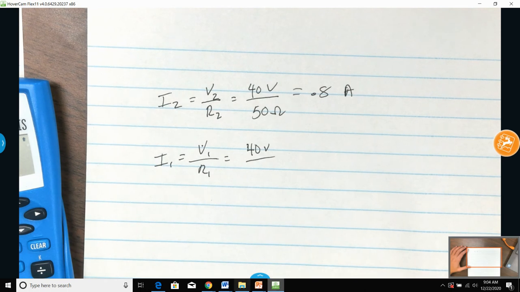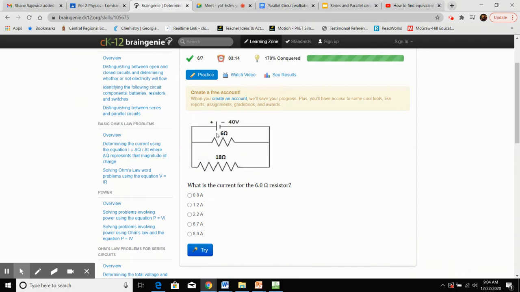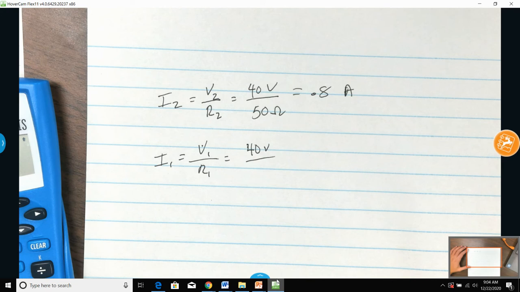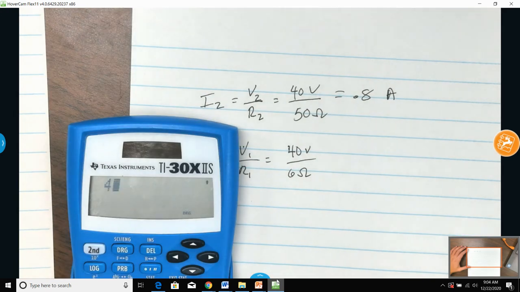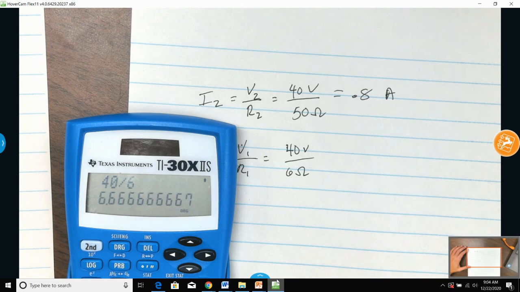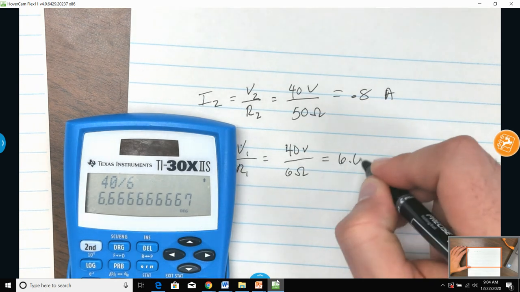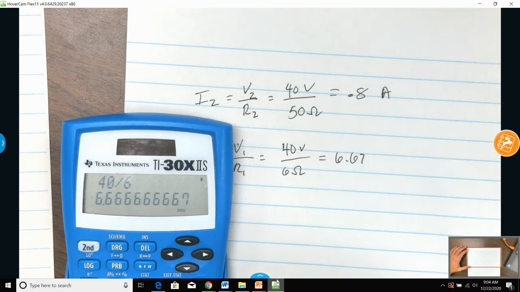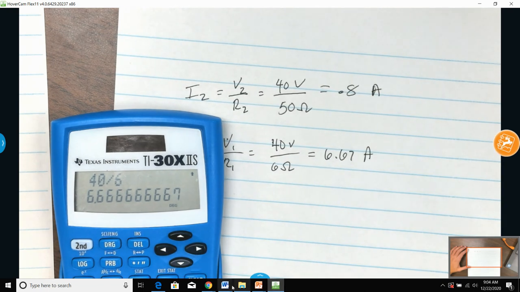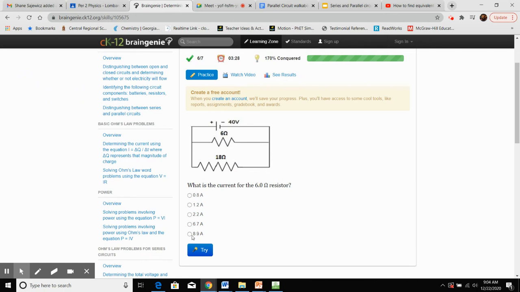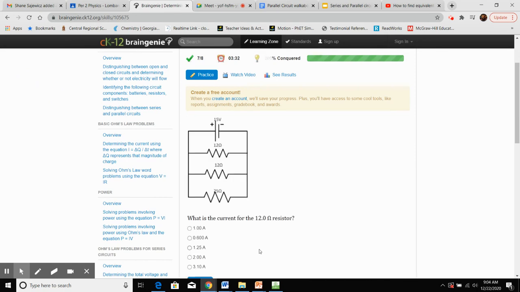And the resistor value was 6. So 6.6 repeating, or 6.67 amps. Let's see where that answer is, and we're going to do that. Bingo, bango, bongo.